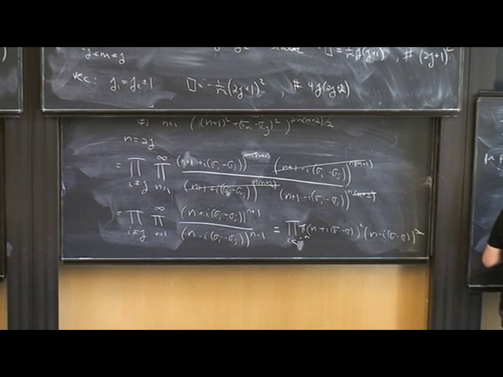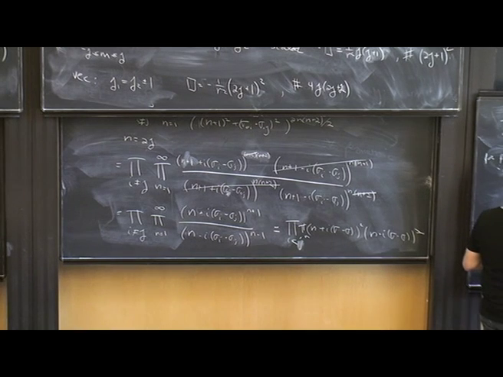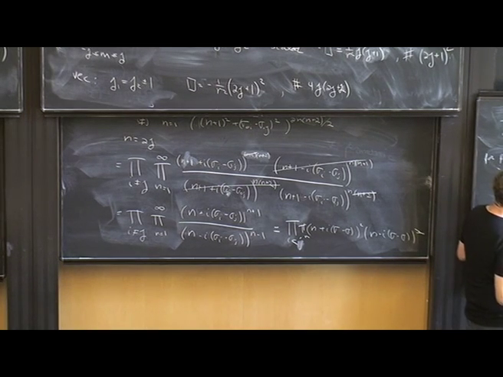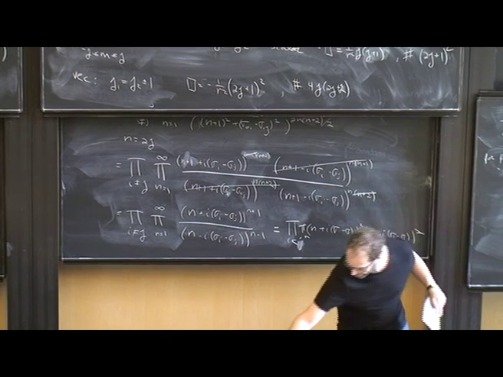This is equal to the product over all n's of 1 plus i sigma_i minus sigma_j over n, divided by the case, no, sorry. I'm doing this wrong.